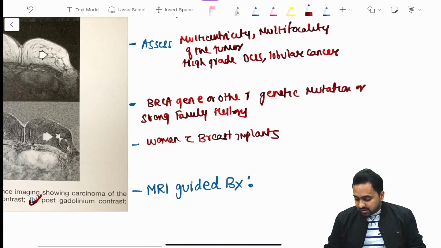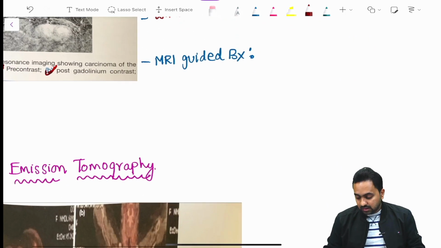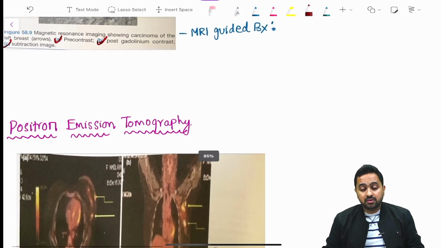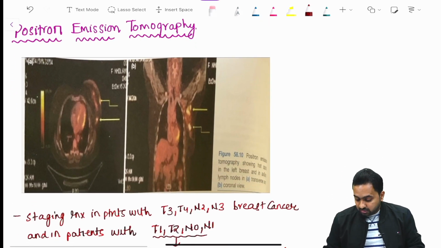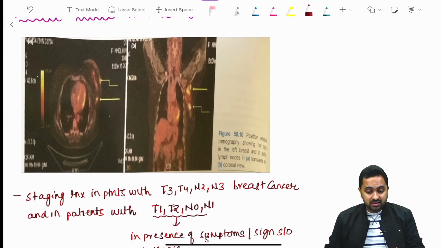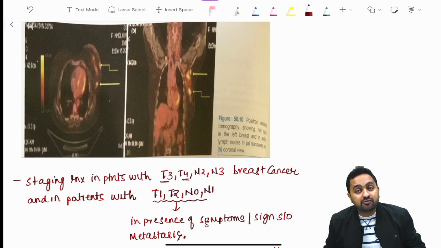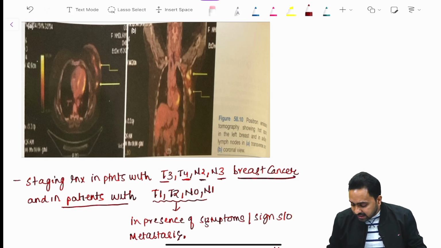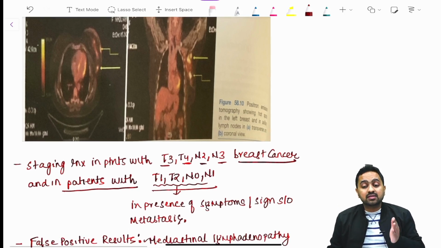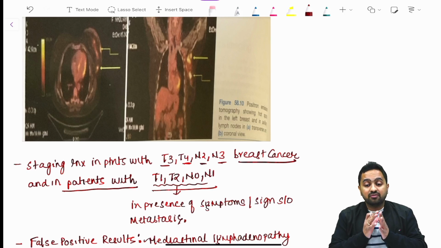Now another important modality is your positron emission tomography, right? So this is a staging investigation in patients with T3, T4, N2, N3 breast cancer, and in patients with T1, T2, N0, N1 in presence of symptoms suggestive of metastasis.